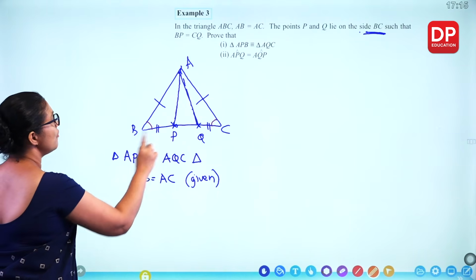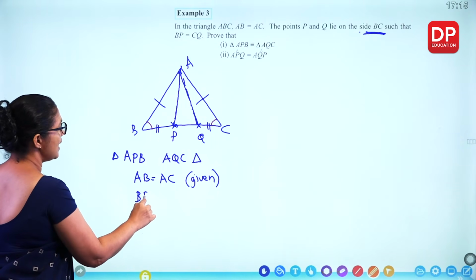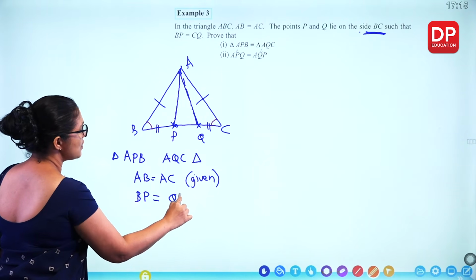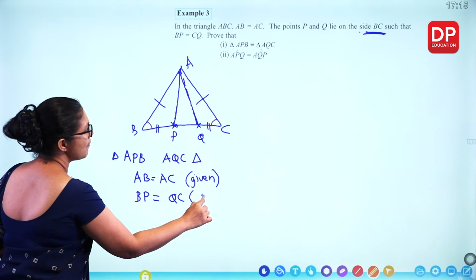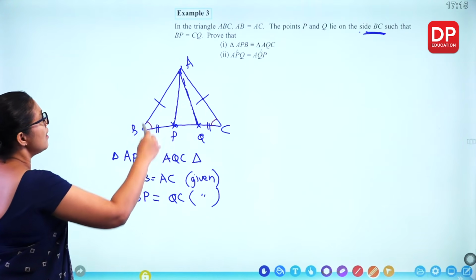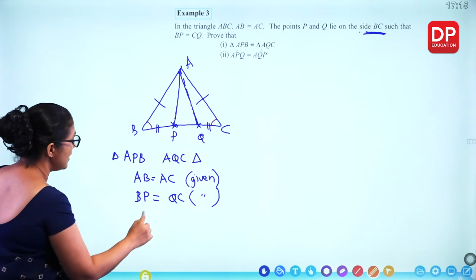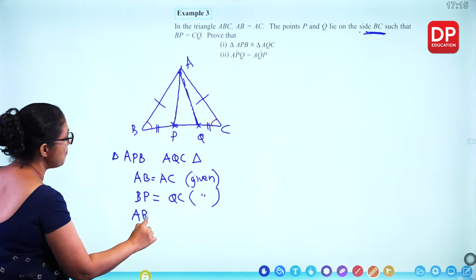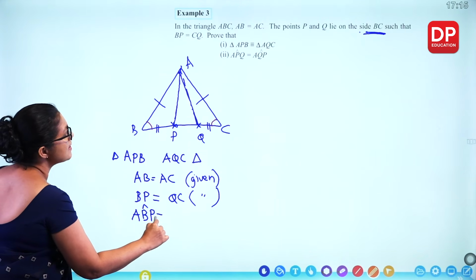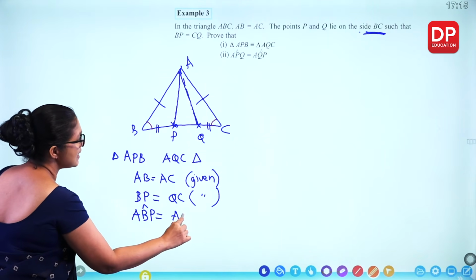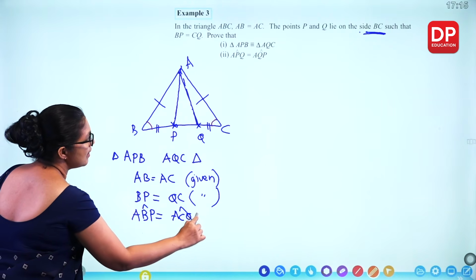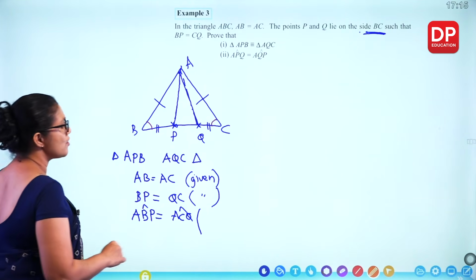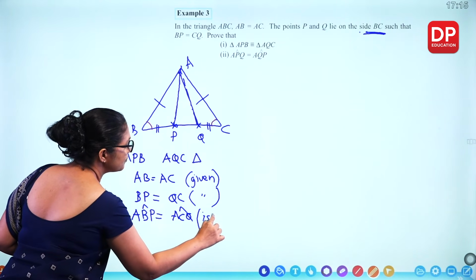And also, we know BP is equal to QC. That's also given. What can you say about the angle? Angle ABP is the same as angle ACQ because this is an isosceles triangle.